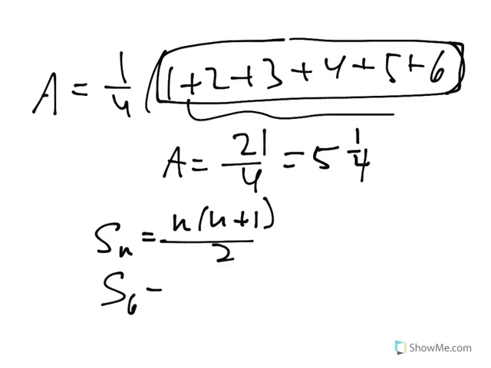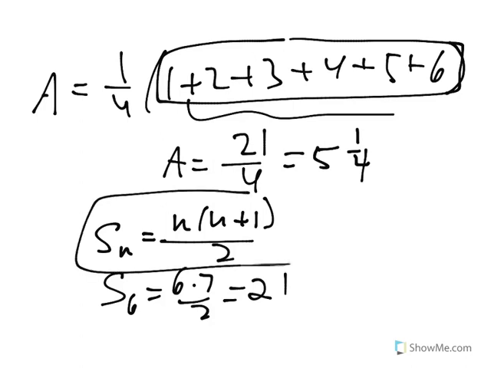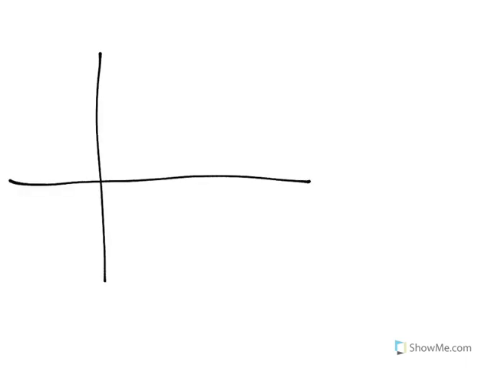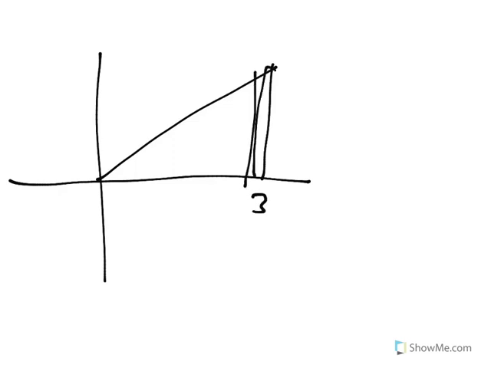So in this case, it's 6 times 7 over 2, which is 21. So that formula might come in handy. That's the formula for the sum of the first n integers. Now what if, instead, I still had a 3 here, but now I made these rectangles really skinny, so there were 100 of them.